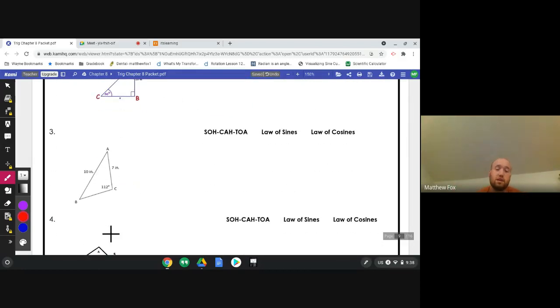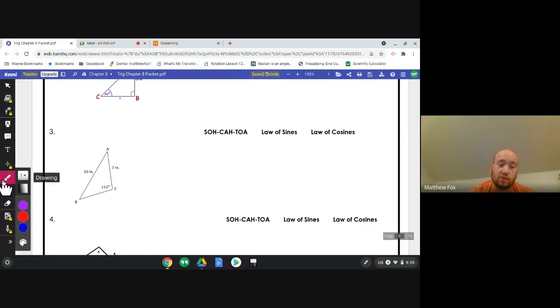Then number 3. It doesn't tell us what we're trying to find, but I had meant to put an X over here. If we're trying to find that X, we can use our knowledge here. Actually, I just realized this would not be an ideal situation.